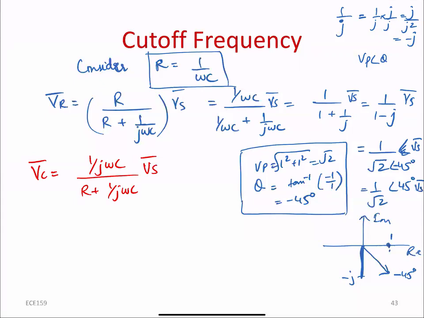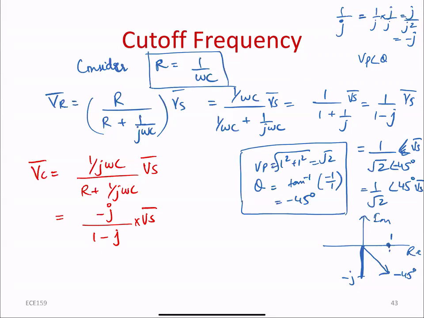So at the condition R equals 1 over omega C, we can write this as minus j, since 1 over j becomes minus j, and we cancel out the others. So this is going to be minus j over 1 minus j times Vs. Again, how is this represented in phasor? This is very important.